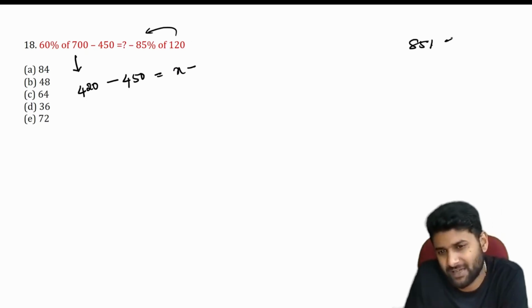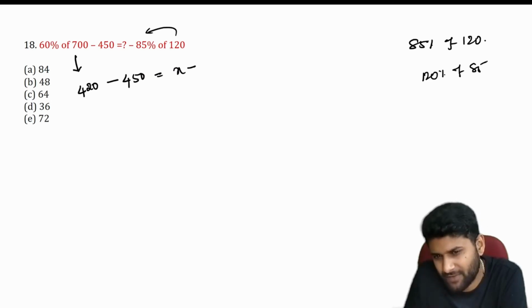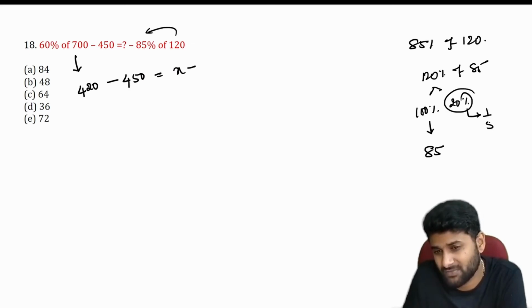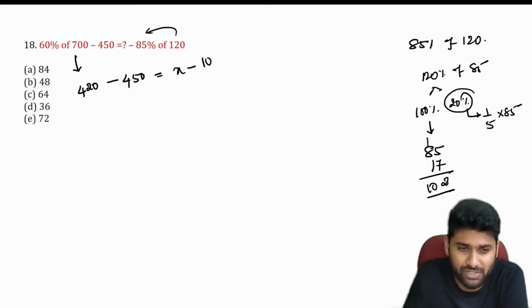Guys, split in this way. 85% of 120. Or you can take this equation 120% of 85. Take 120% as 100% and 20%. All these things you just keep in your mind. 100% value is 85 and 20% value means 1/4 of 85. It's 17. So total value is 102.